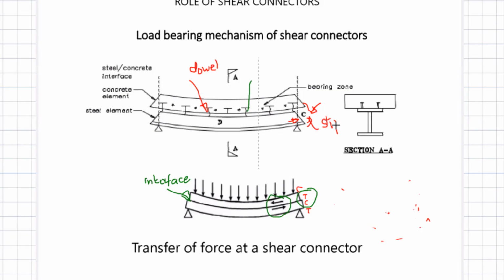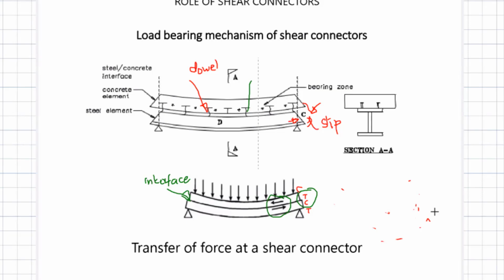If there is absolutely no slip between the concrete and beam, it's because I have provided my shear connectors in such a way that the interface behavior is highly rigid, and literally no slip can occur in between.